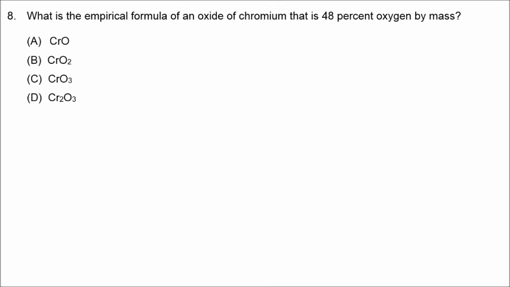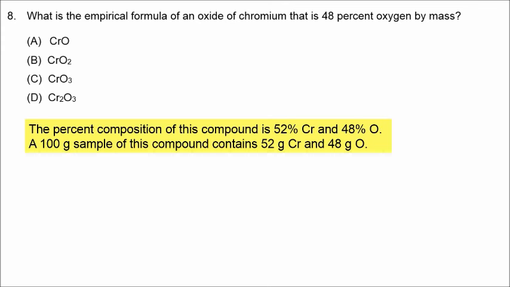In number 8, we are given that the formula is either CrO, CrO2, CrO3, or Cr2O3, and we do have the mass percent of oxygen. So the only other element is chromium. There must be 52% chromium by mass and 48% oxygen. A 100-gram sample of this compound contains 52 grams of chromium and 48 grams of oxygen.